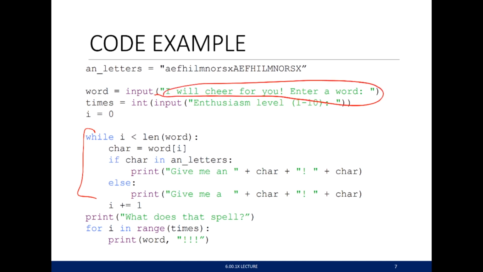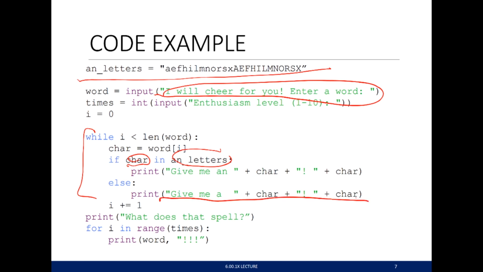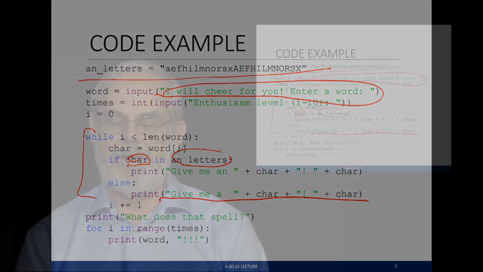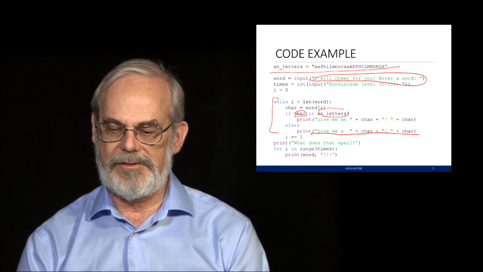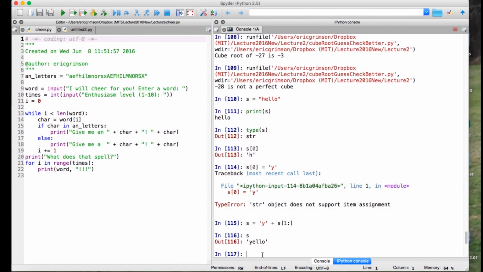And what it's going to do is it's going to loop over all of the things inside of the word, basically saying if the character in the word is in a special set of characters, I'm going to print out something based on that. If it's not, I'm going to print out something different based on that. And then I'm going to increment i, and I'm going to keep going. So again, it's a while loop, but I'm using the character inside there to loop over particular elements of a string. Let's see what this does.